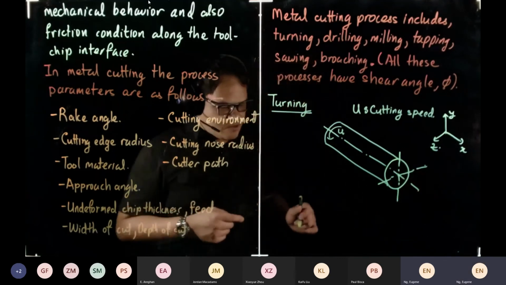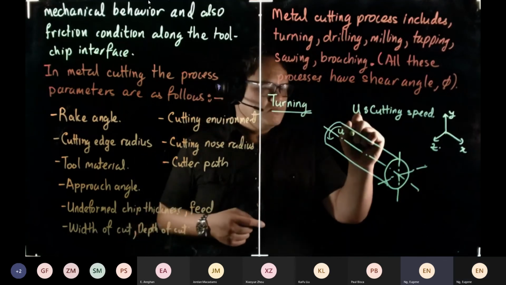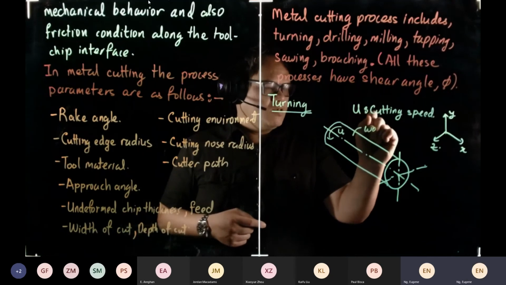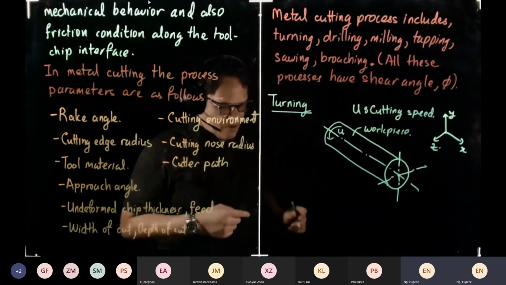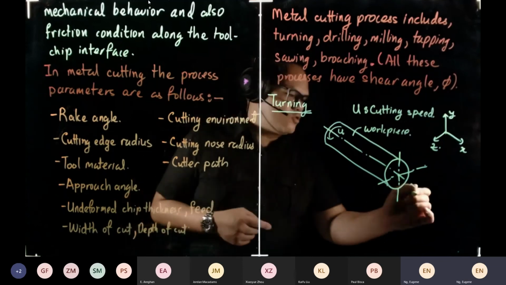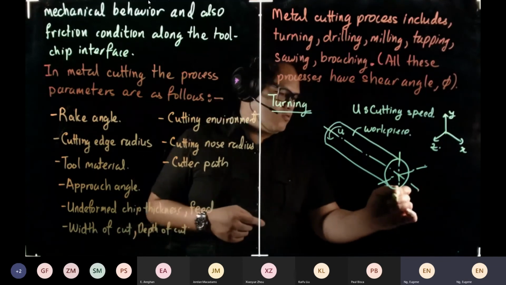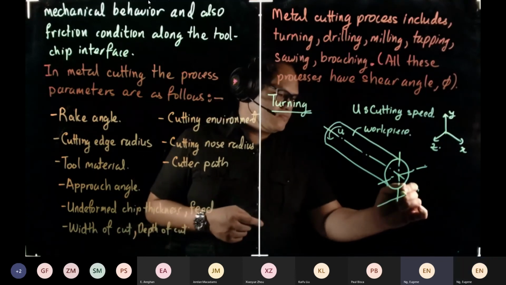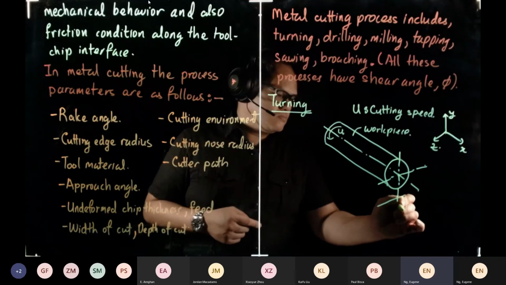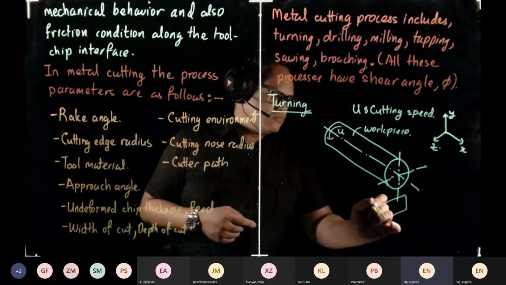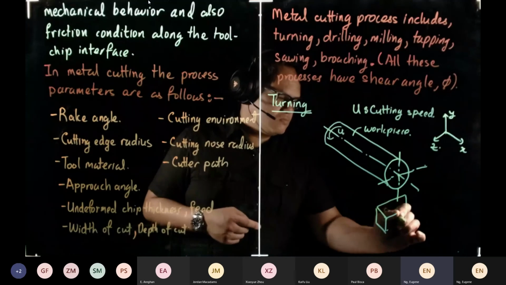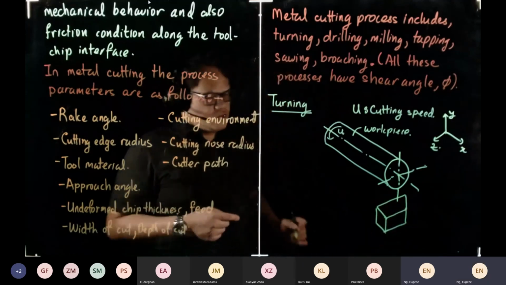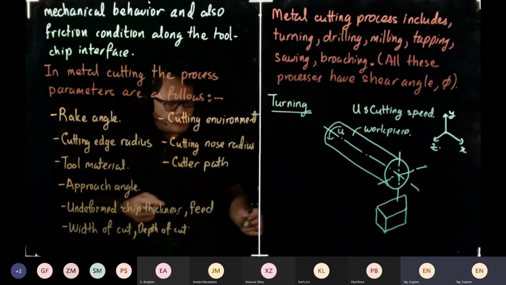So now the workpiece is moving. This is our workpiece. Then we have our tool, so I'm going to draw our tool. Our tool also has a motion.